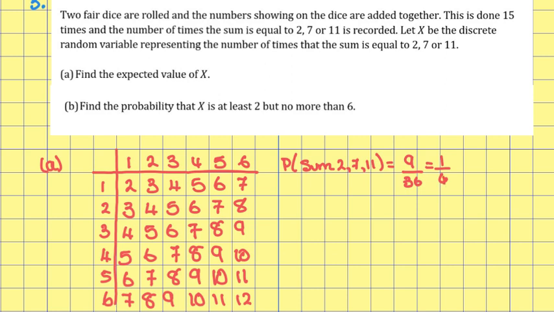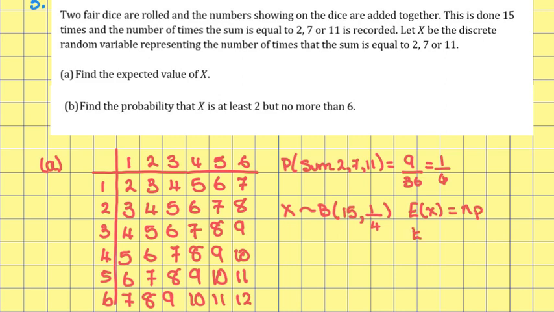So now, x is binomial. There are 15 trials, and the probability of success is a quarter. So my expected value of x is equal to np.